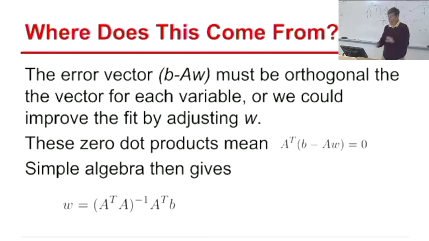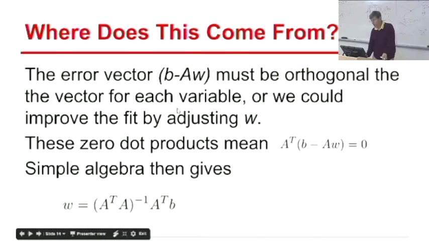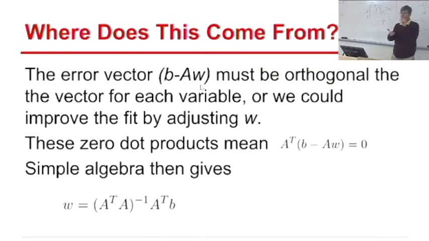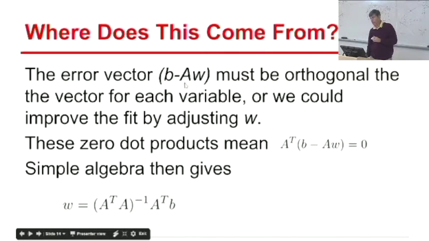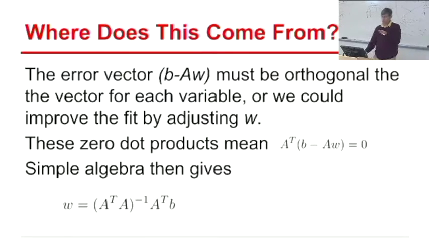Well, okay, so what is the claim? The claim is, and again, I don't really want to do this, okay? What should be clear is that if we look at these predictions, every variable is contributing something to the predicted y value for every element, right? If we could reduce our error vector by changing one of the coefficients a little bit, that would mean that we didn't have the optimum one before.